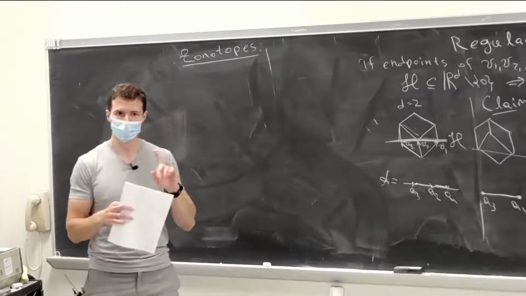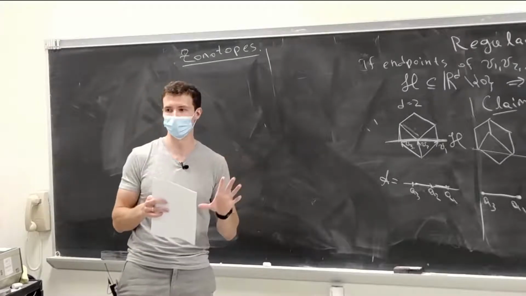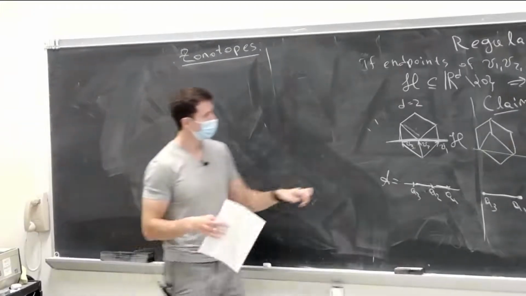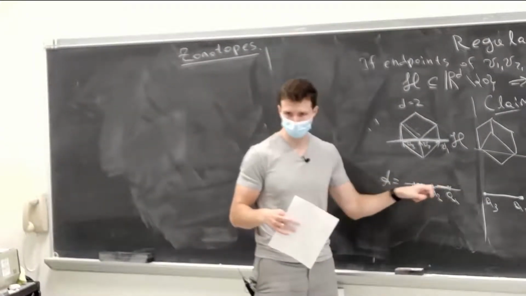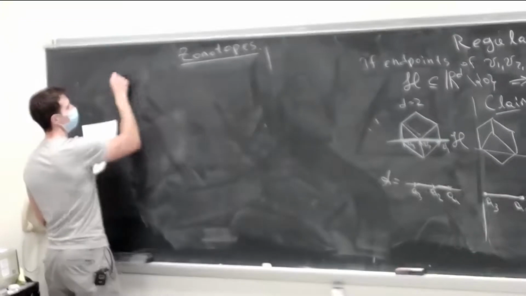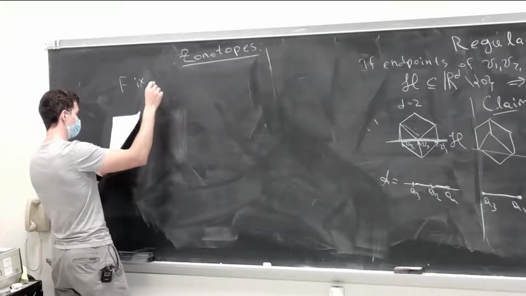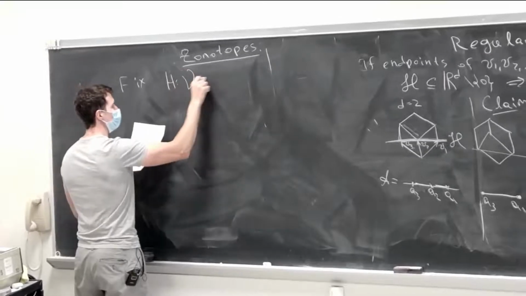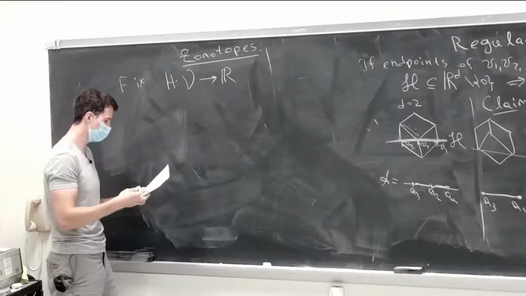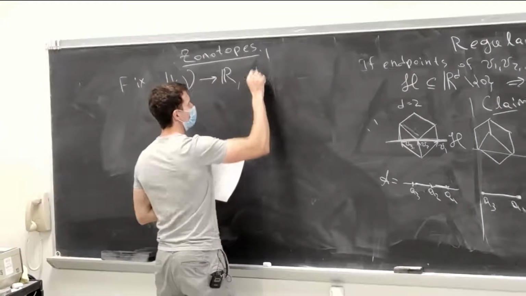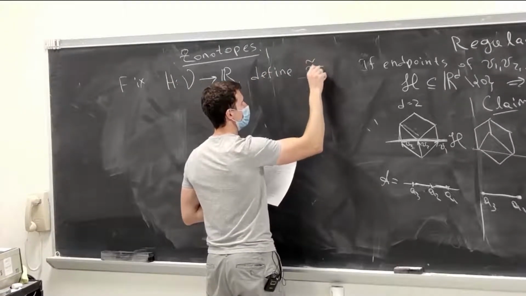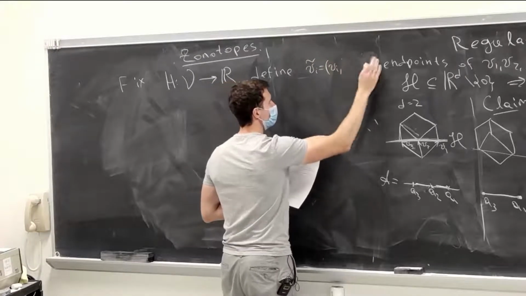So what I'm going to do is try to mimic the definition of a regular triangulation. For a regular triangulation, we chose a height for each of these points. So here, I'm going to choose a height for each of the vectors: a height function h which associates a height to each vector in my vector configuration. Then I'm going to lift my vectors one dimension up: Vi tilde is Vi, h of Vi.